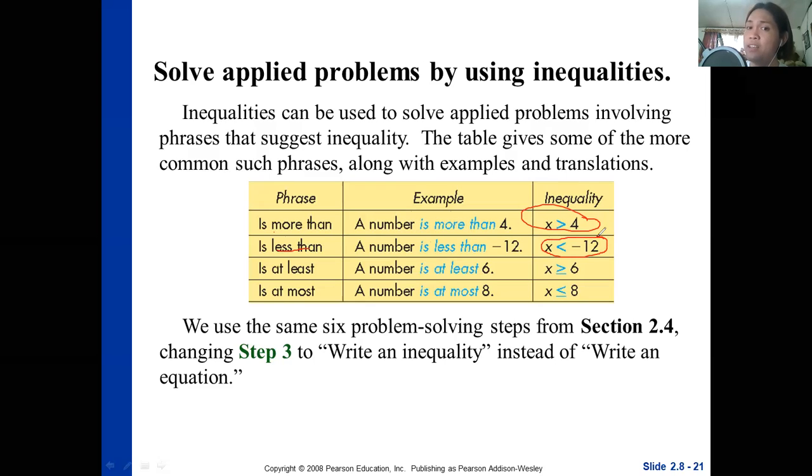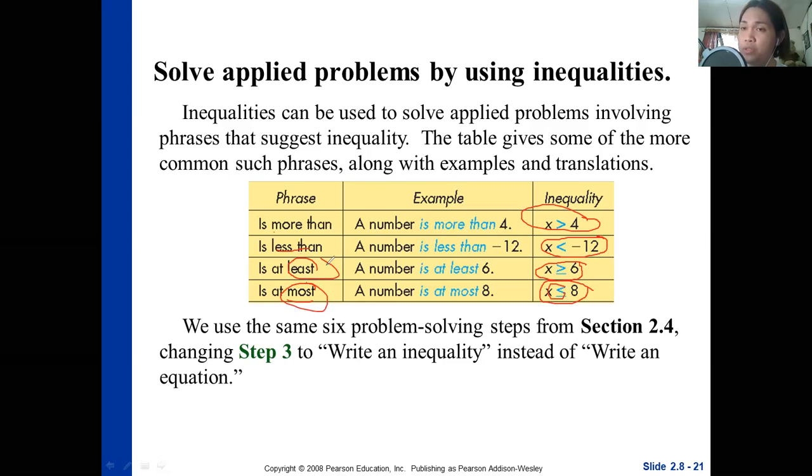For "at least," an example is a number is at least 6, and we write the inequality symbol as shown. And "at most": a number is at most 8, and you can just write it as x is less than or equal to 8. Do not forget the symbols for at most and at least.